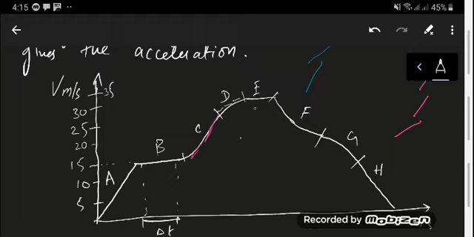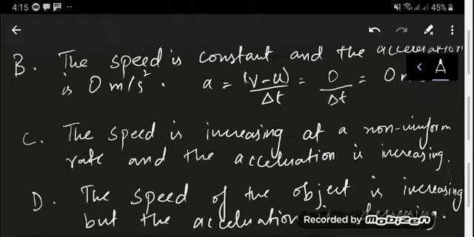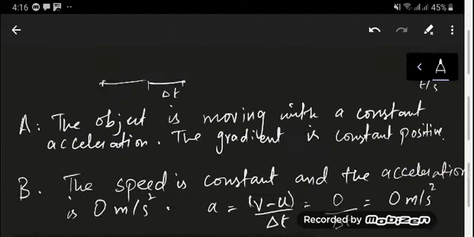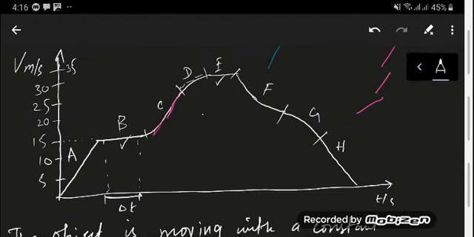So it is pretty much similar. It's almost the same as B, because the explanation will go the same for E as well. So same as B, that is constant speed. What about F? In F, you see that the gradient is becoming less steep, right?